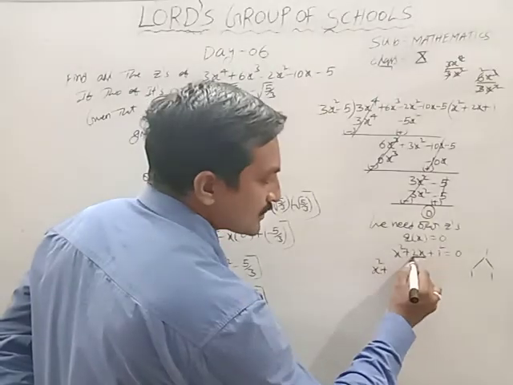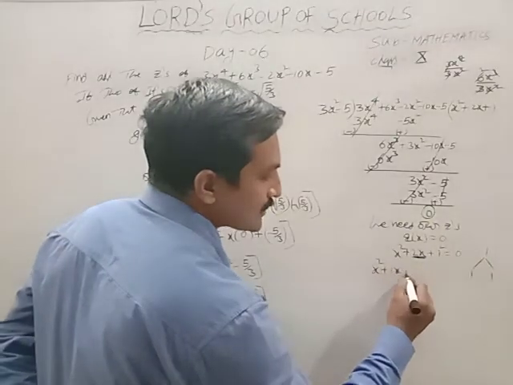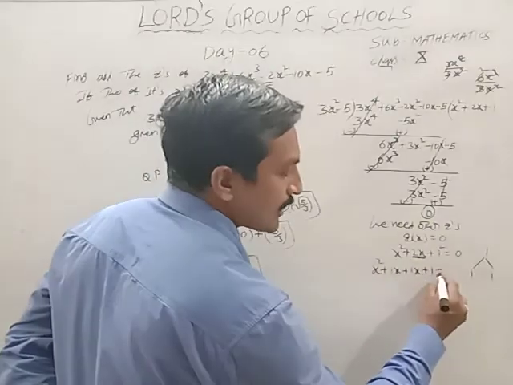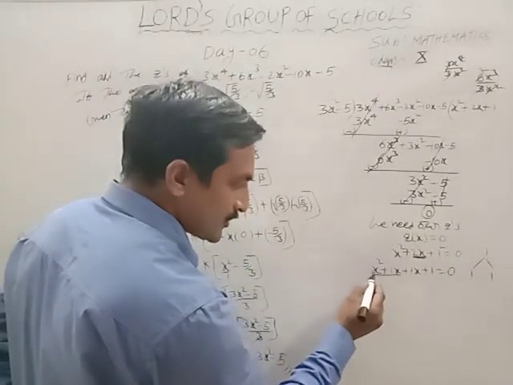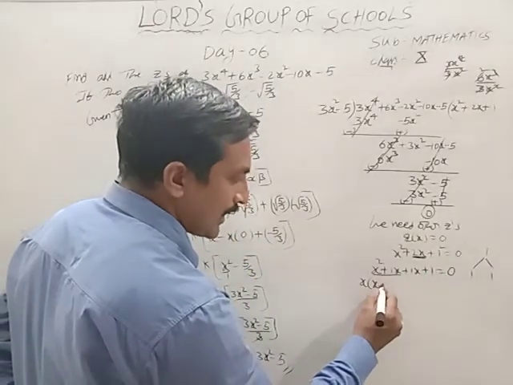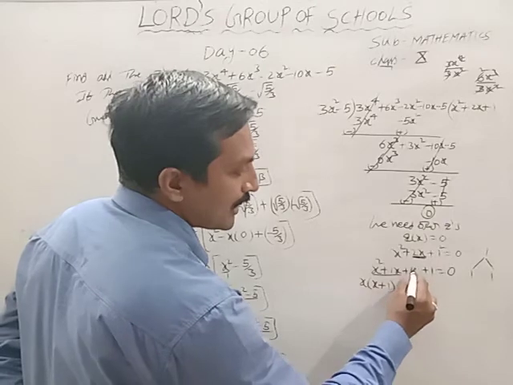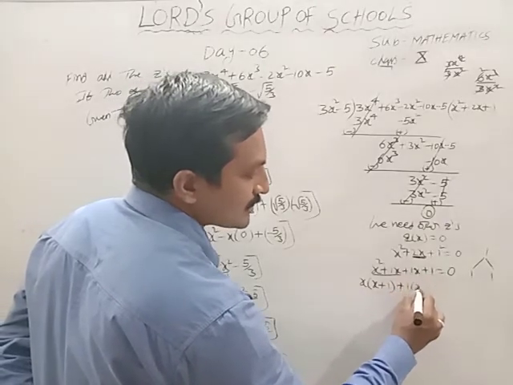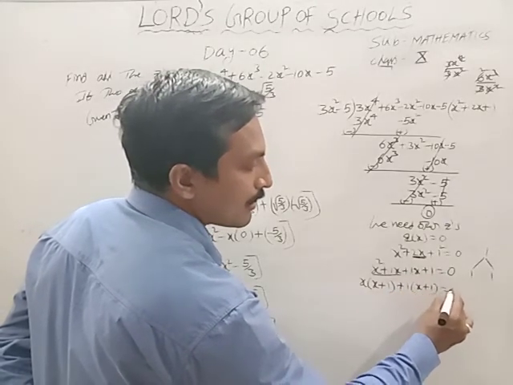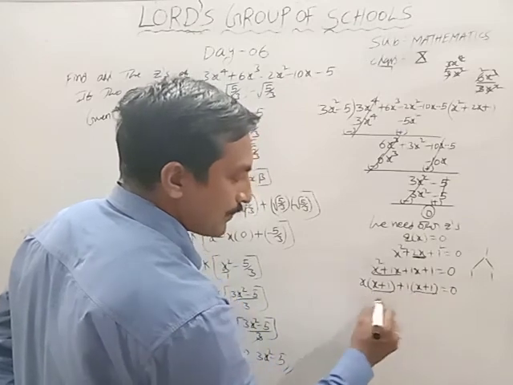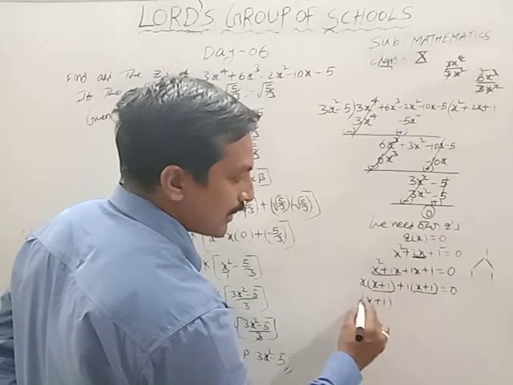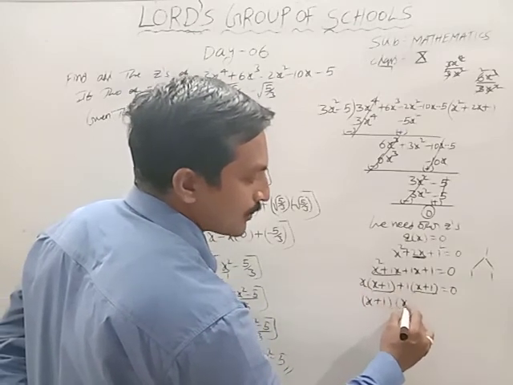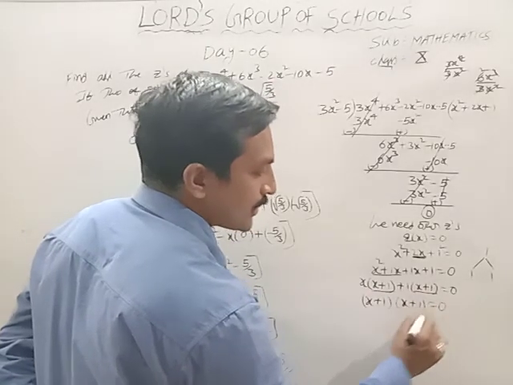Split this middle term: x square plus 1x plus 1x plus 1 is equal to 0. In the first two terms x is common, x plus 1. Here 1 is common, 1 into 1, 1 only. Here the two brackets are the same, x plus 1 comes outside, then x plus 1 is left, again equal to 0.